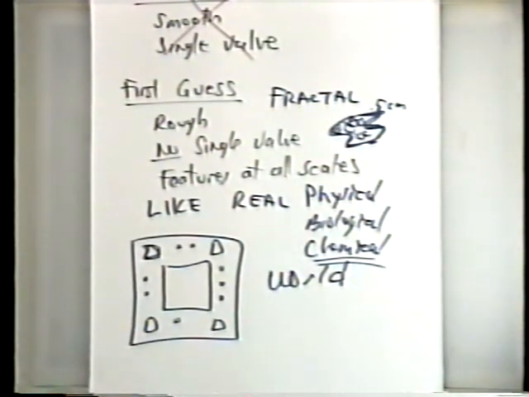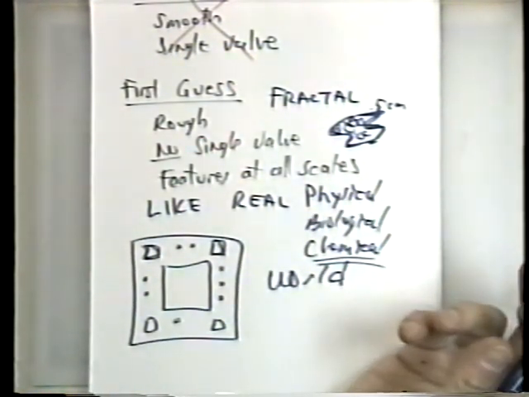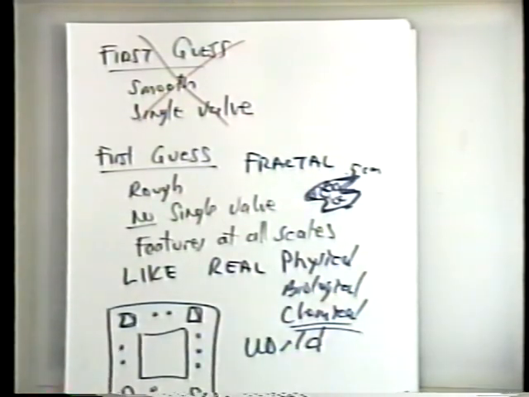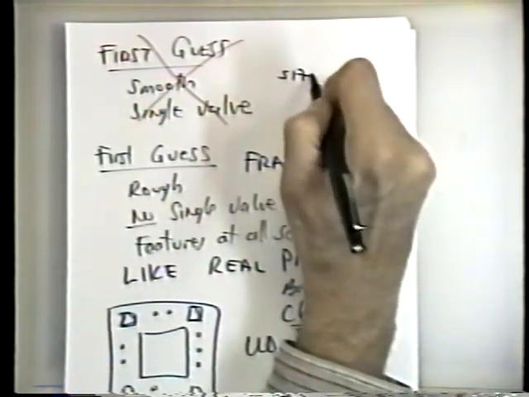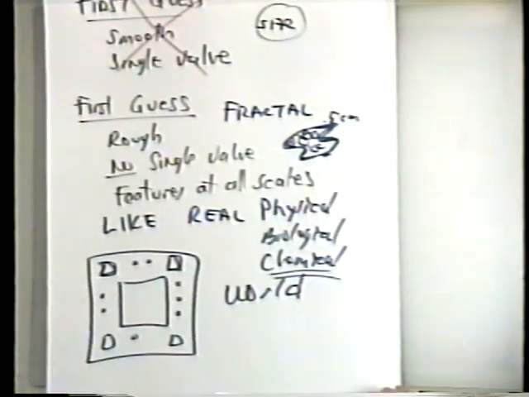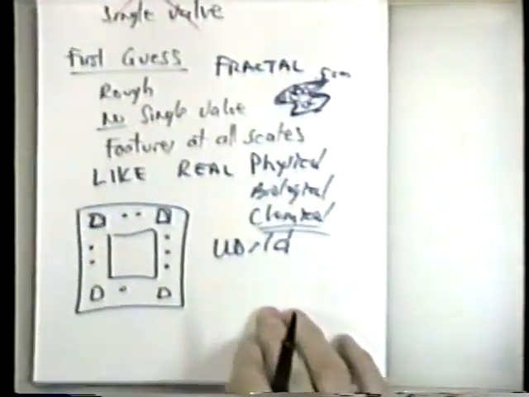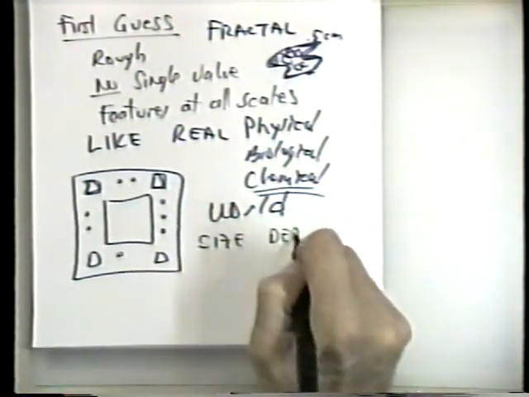Well, the fractal dimension tells us how the number of pieces or the area changes with size, but it doesn't tell us the size of something. So we switch to a different paradigm. In fact, that's worth saying here. The first guess before would be to ask a value, let's say, of the size of something. And now instead of asking, so we cross this out, instead of asking what's the size of something, we ask how the size depends on the resolution.